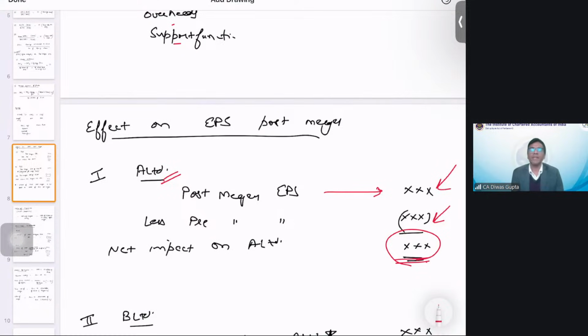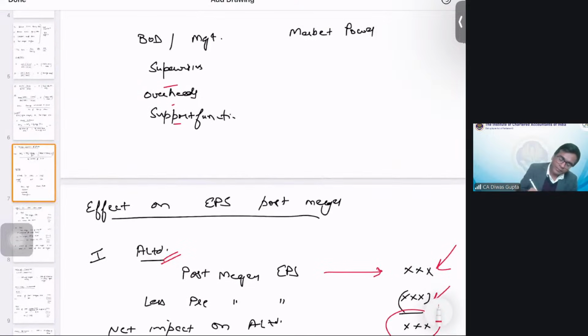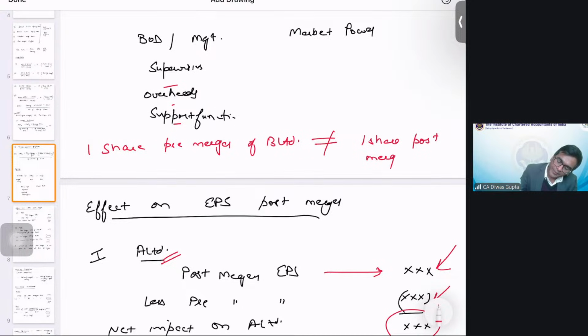So here there is an involvement of swap ratio, students, right? Because one share pre-merger of B Limited is not equal to one share post-merger of A Limited.